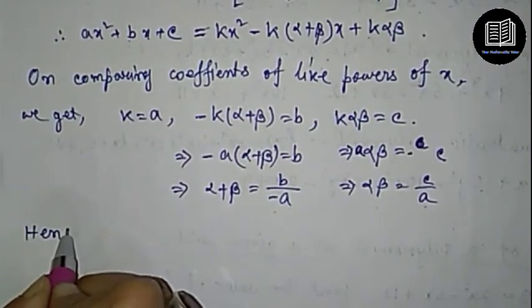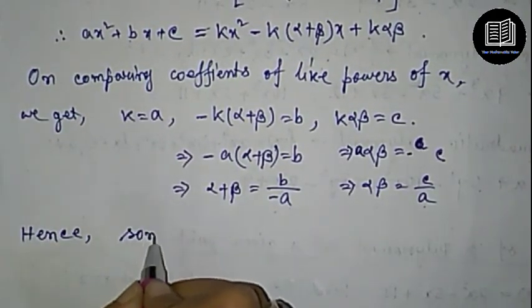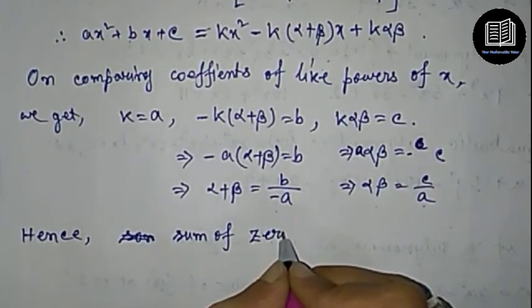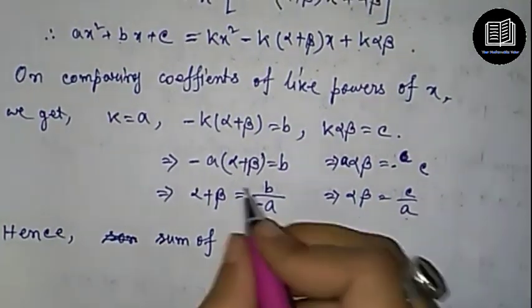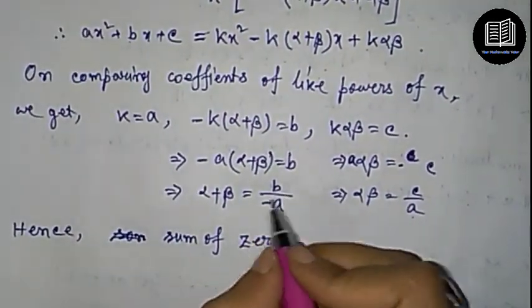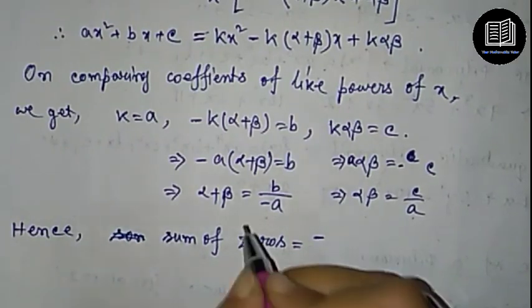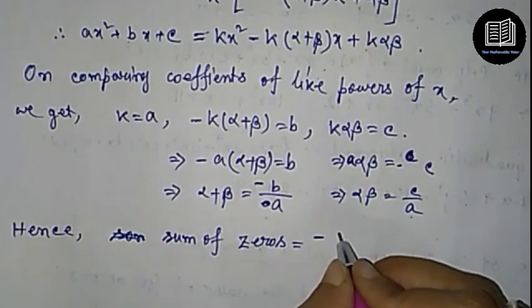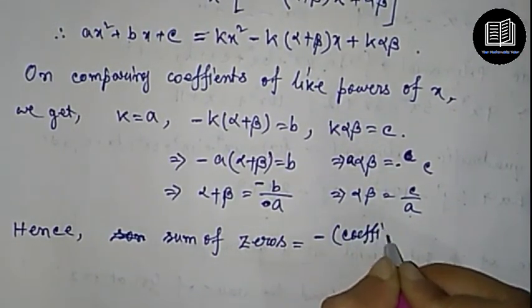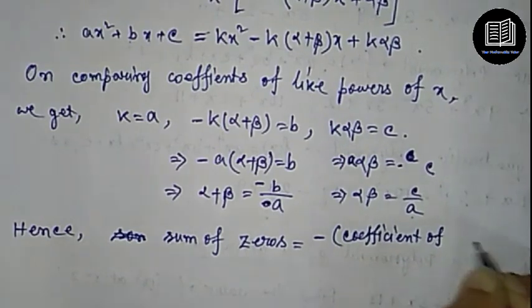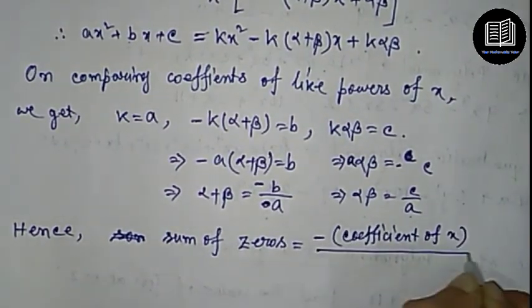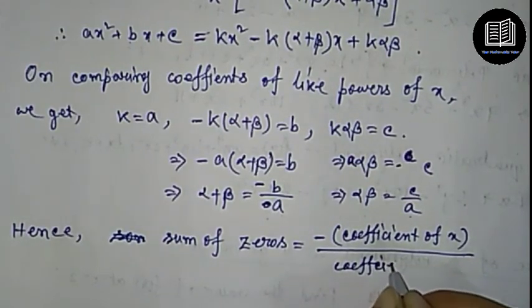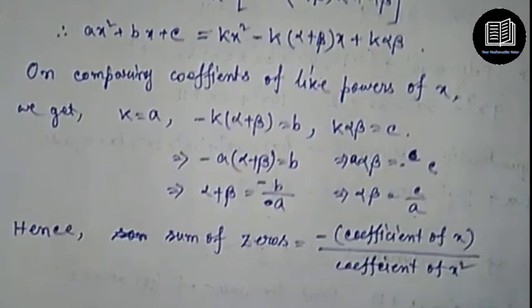Hence we can say that sum of zeros equals minus b, or minus coefficient of x, divided by coefficient of x square, right?